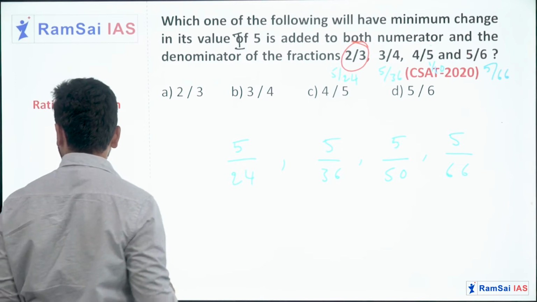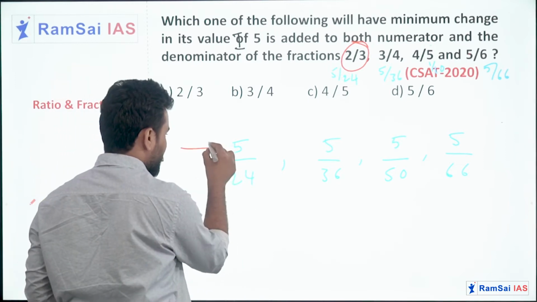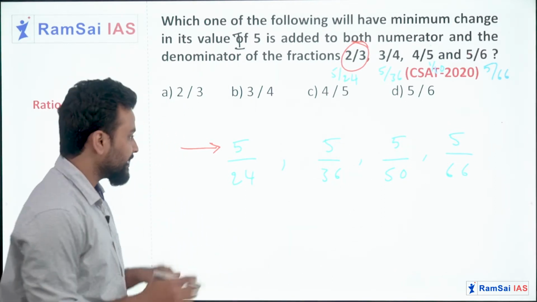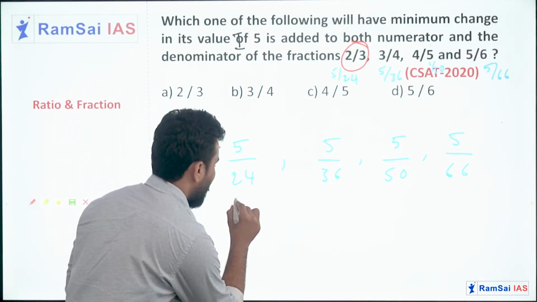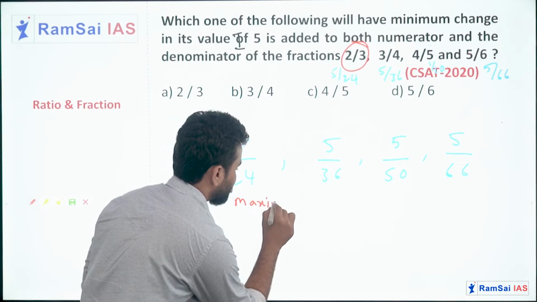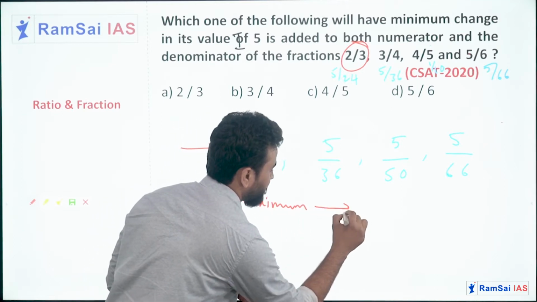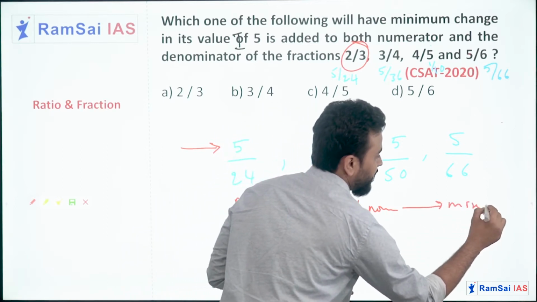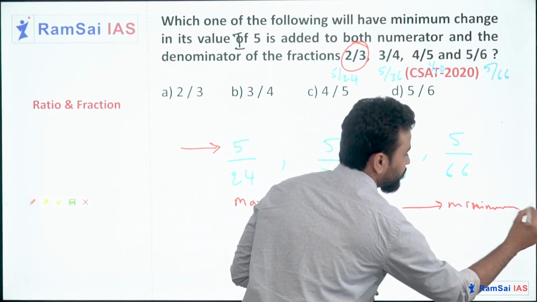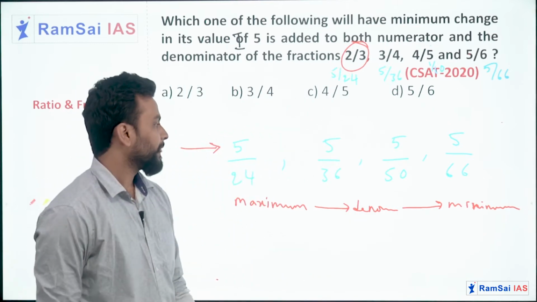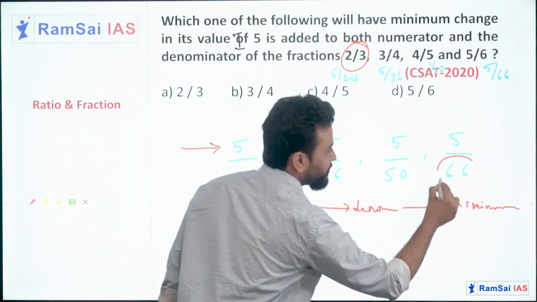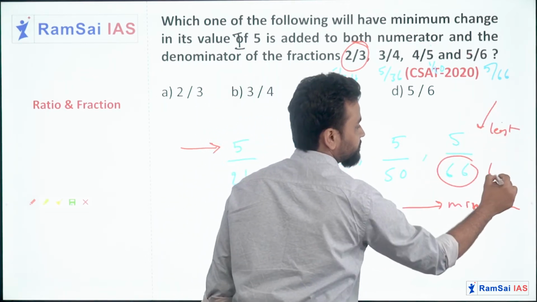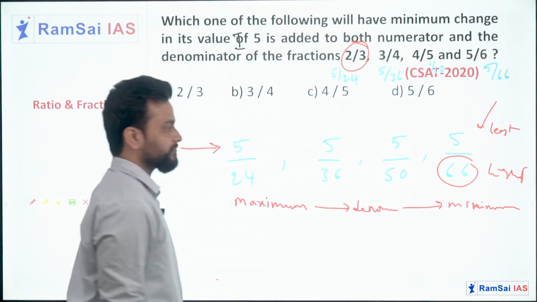See, when numerator is same and denominators are different, you check for the maximum value of denominator, which gives you the minimum of the total. Let me repeat, if you have the highest value in denominator, the value of the fraction will be the least, right?